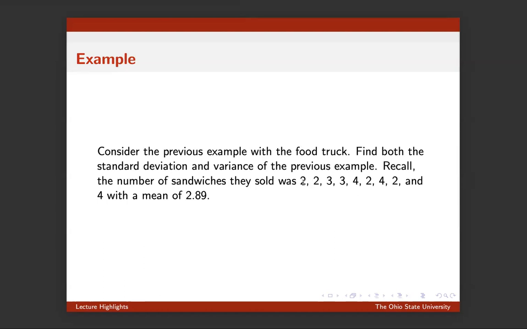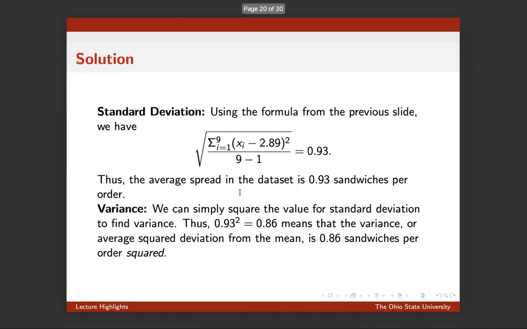Let's say there's that number of sandwiches sold per order, with a mean of 2.89. We can use the formula from the previous slide to find the average spread in the data set, or the standard deviation, as 0.93 sandwiches per order.